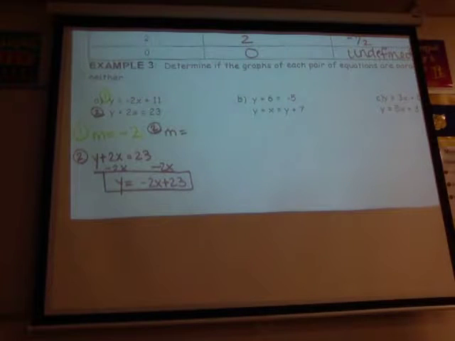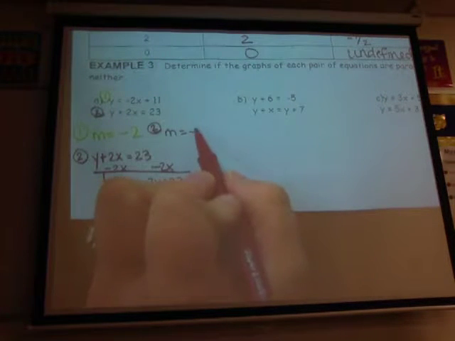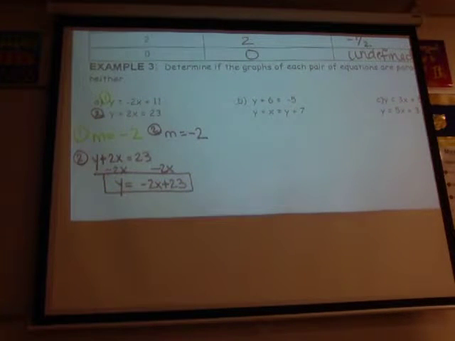What's my slope? Negative 2. So, if I have a slope of negative 2 and a slope of negative 2 on both equations, are they parallel, perpendicular, or not related? Parallel. They're the same, so they are parallel. Good.